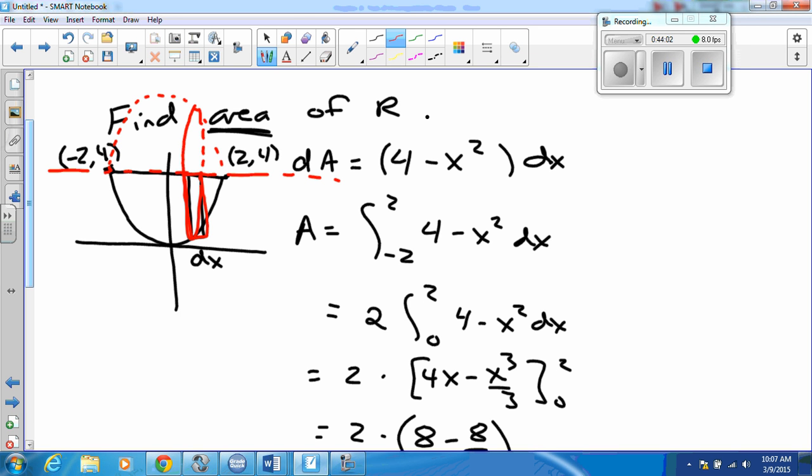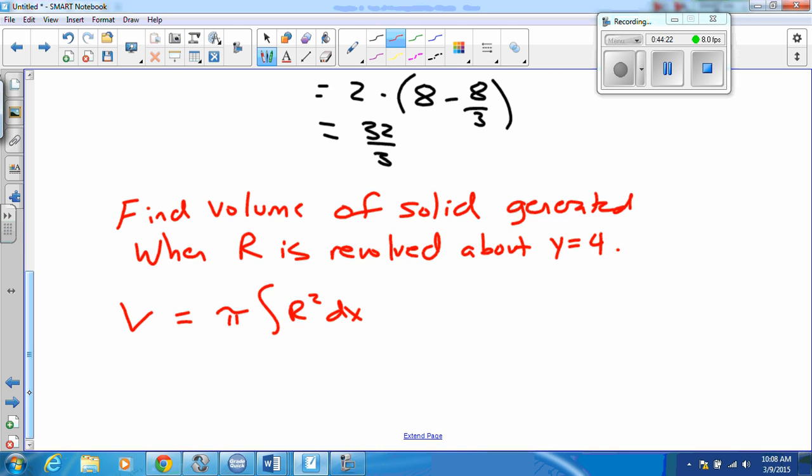So I need to identify the radius here, and the radius is the distance from the curve to the axis. Notice here that the axis is on top. So instead of doing curve minus axis, I'm going to do axis minus curve. If you accidentally screw that up, it doesn't matter, because I'm going to square the whole thing in just a minute anyway. So if you accidentally do them backwards, you still end up with the same expression in the end.